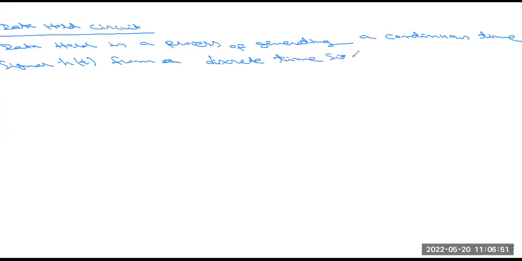Discrete time signals or sequence, these are basically the same thing. Sequence, that is x(kT).